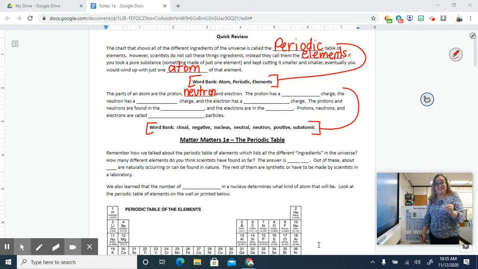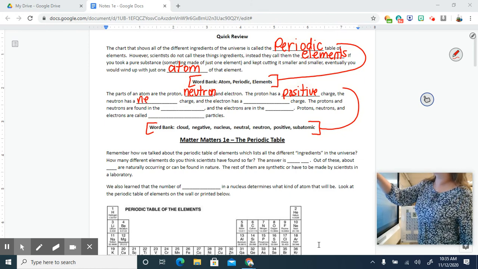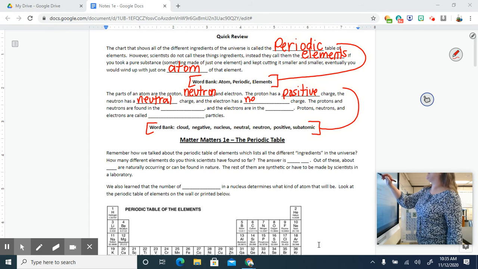Protons have a positive charge. Neutrons are neutral. And electrons are so negative. Okay, so proton has a positive charge, neutron has a neutral charge, and the electron has a negative charge.